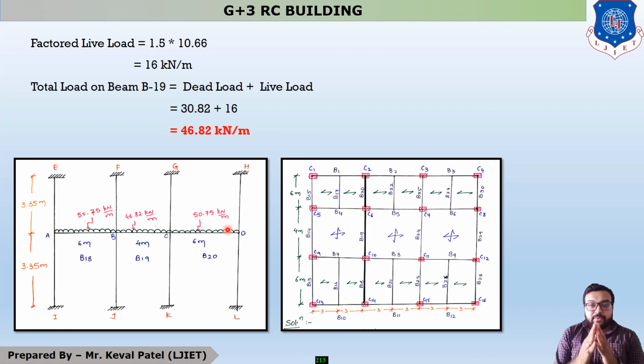So in this example, whenever we have to design a beam, we have to refer to the moment distribution method. So in the next lecture, we are moving further to the moment distribution method, and with the help of it, we have to design beams B18, 19 and 20.